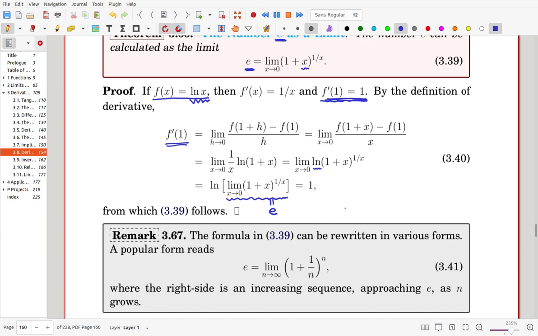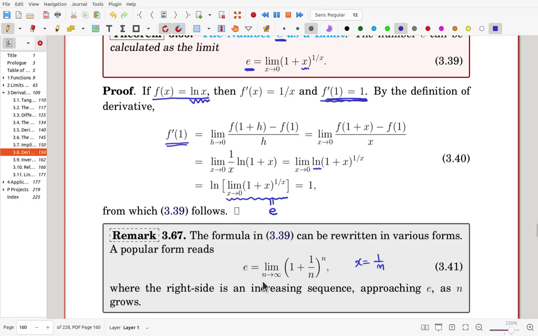For example, now n goes to infinity, but if we change the variable, x is 1 over n, then n going to infinity is the same as x going to 0, and 1 over n will be x, and n will be 1 over x, so that eventually this term and that term will be the same.